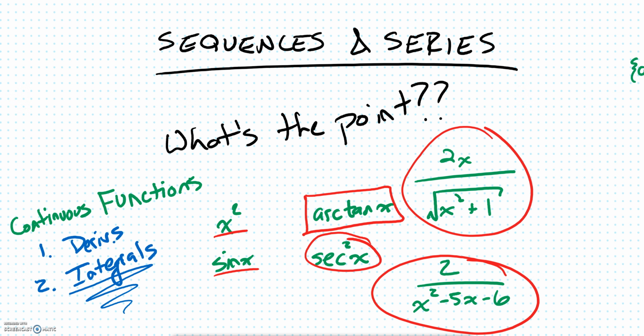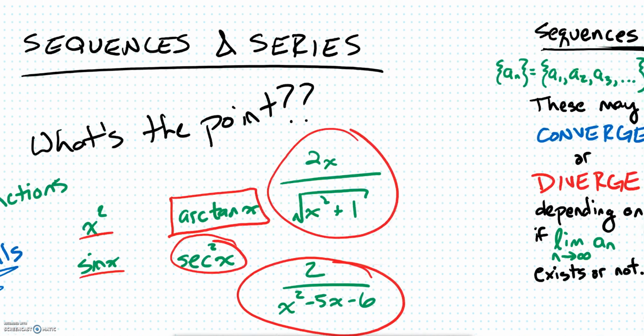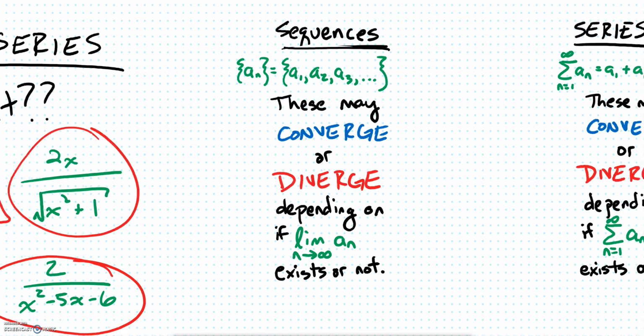And it turns out that what mathematicians decided to do was invent this concept of sequences and series. So, at the very beginning, we learned about sequences, and we can write out a whole bunch of terms, and these sequences may converge, or they may diverge depending on if the limit as n approaches infinity of the terms exists or not.